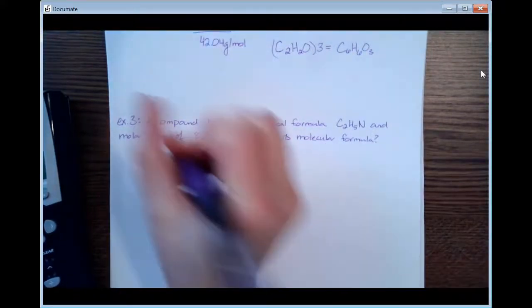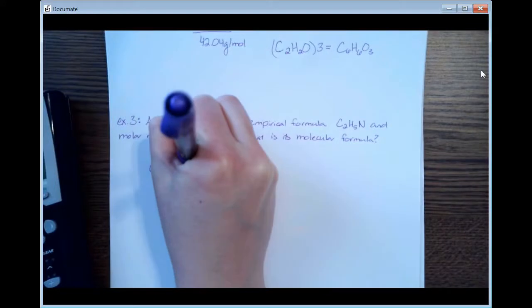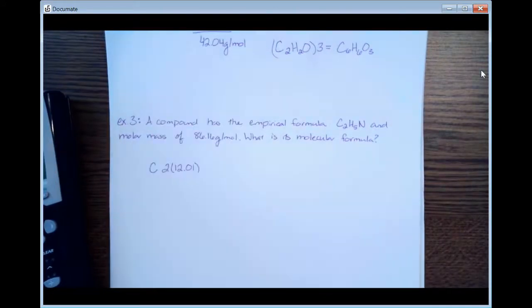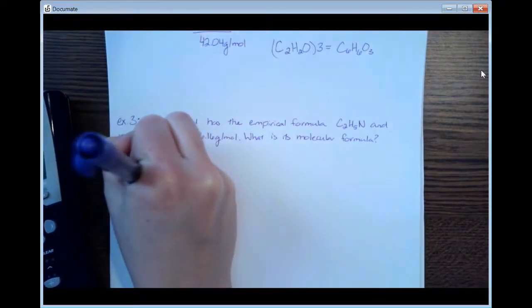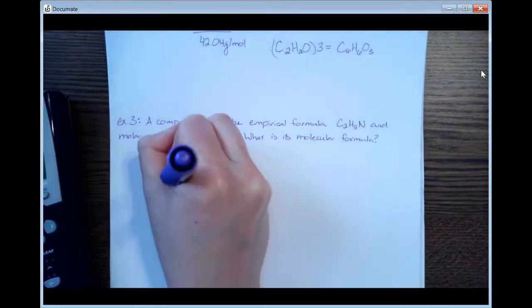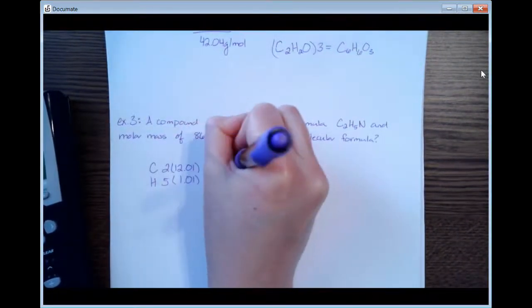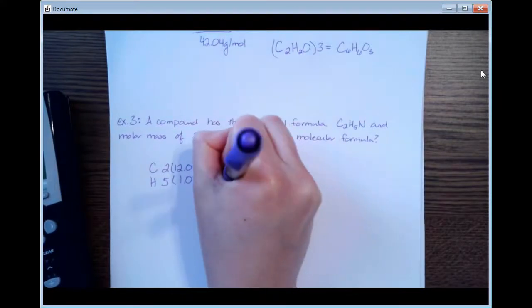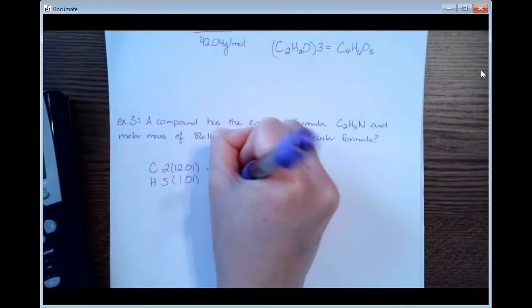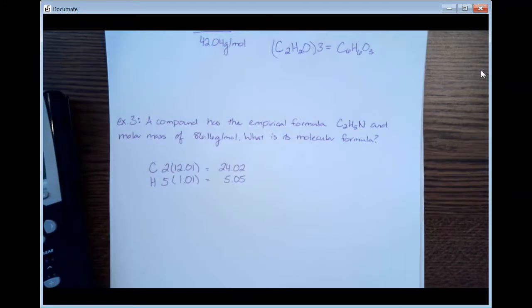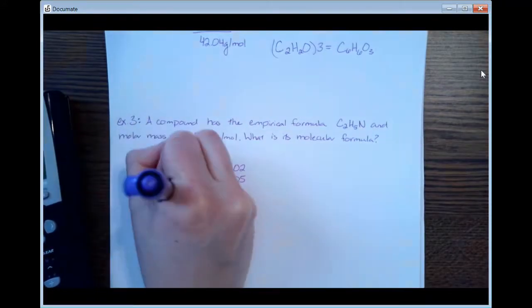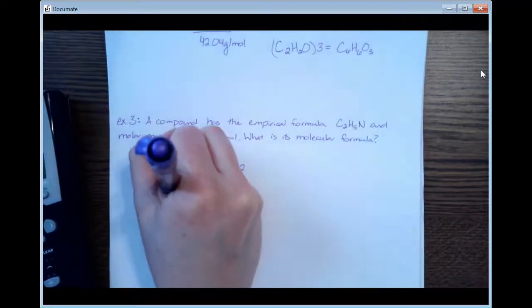So I'm going to take 2 carbon, plus I have, in this case, 5 hydrogen. And then for my nitrogen, I have 1 of those, and that has a mass of 14.01.